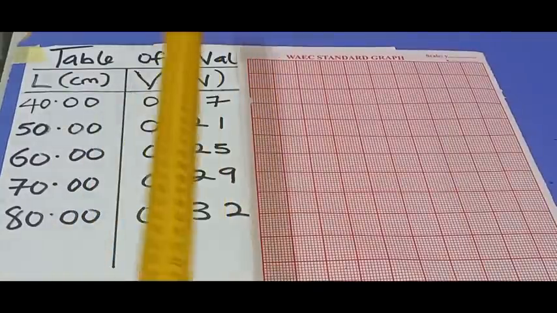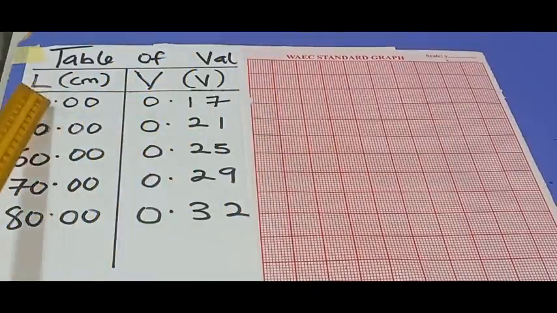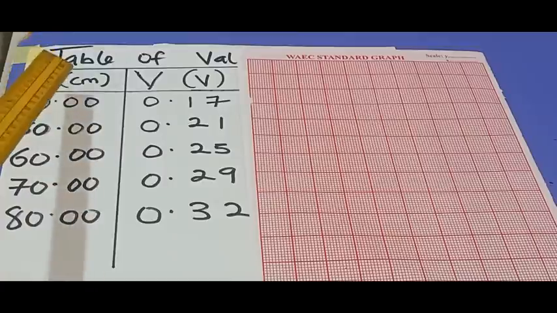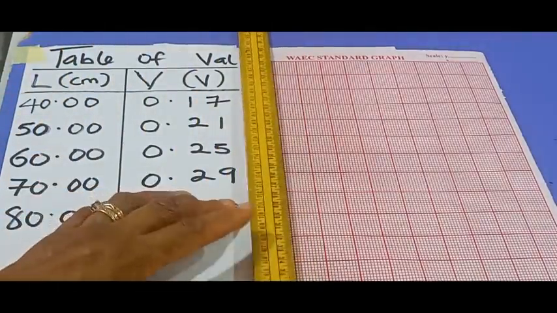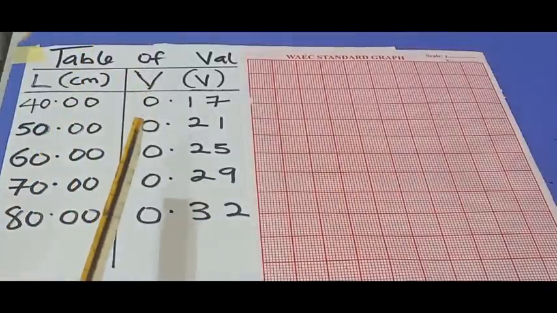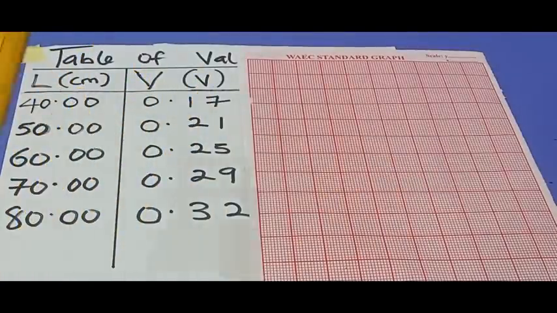So we are going to plot graph of V against the length. I will also use cm in the plotting. Okay, just that the slope will now be volts per cm.